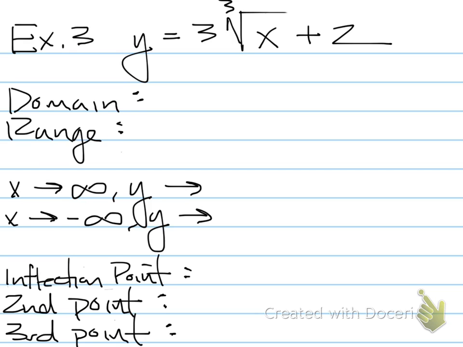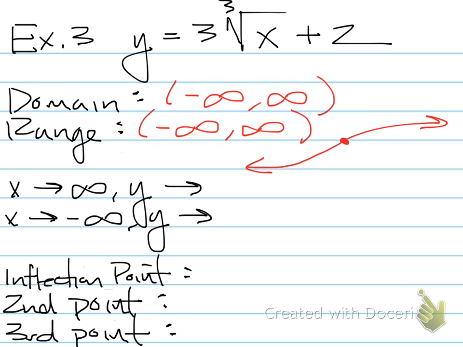All right, so for this one, again, we want to start with a quick graph. It's going to look like this because it's not being reflected. The domain is going to be all real numbers, and so will the range. As x goes to the right, y continues to go up and up, so positive infinity. As x goes to the left, y continues to go further and further down, so negative infinity.